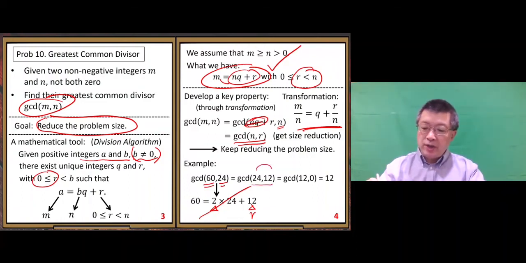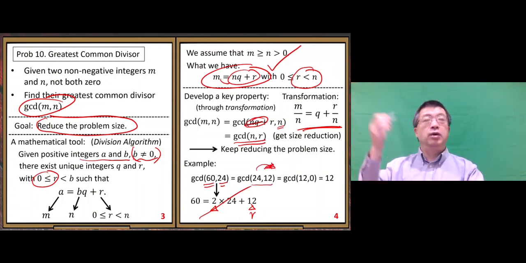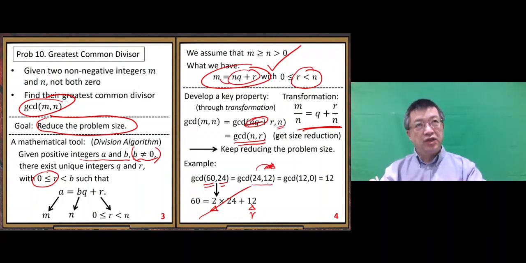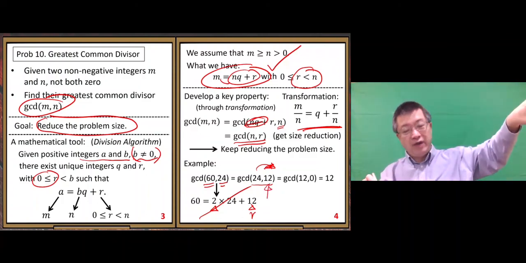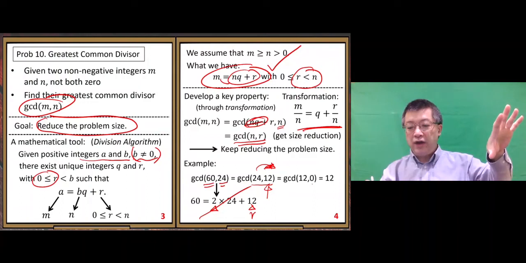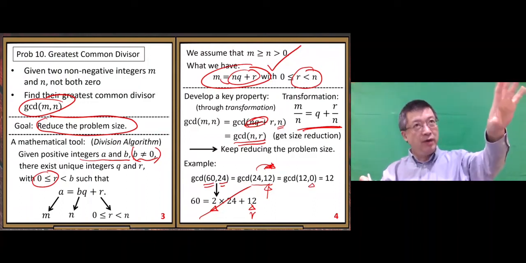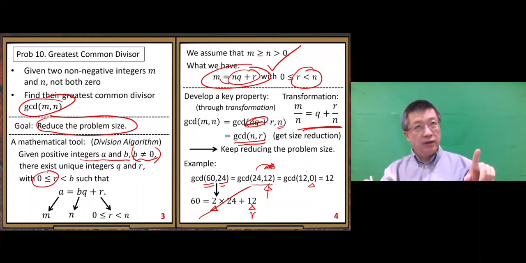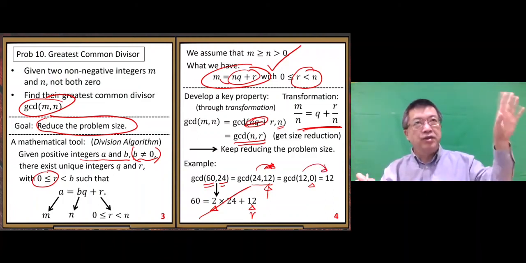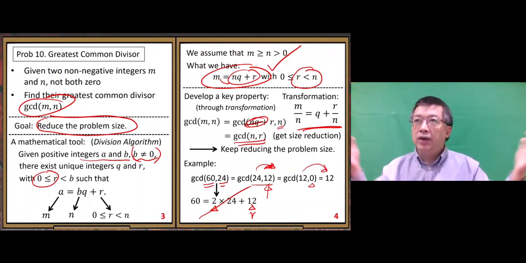But 24 is a multiple of 12, right? So after removing the multiple of the divisor, you get 12 and 0. When you have 0, remember, if one variable is 0 and the other non-zero, the GCD is just that non-zero number. So then we are done.